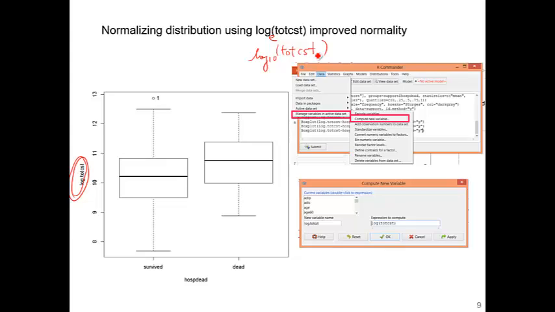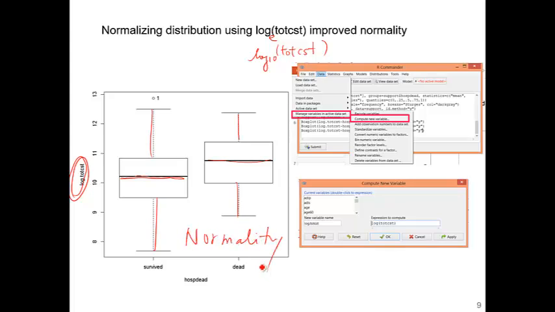So let's look at the distribution. After you log transform the data, you actually have nicely normally distributed data. You have one outlier, but that's okay. The median is falling in the middle of the box, and the whiskers are symmetric. So this has good normality.